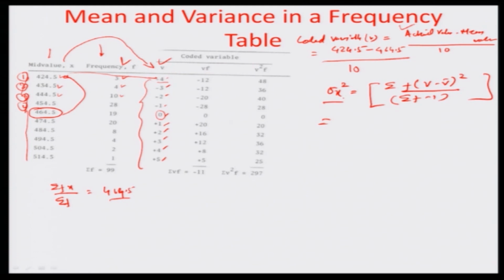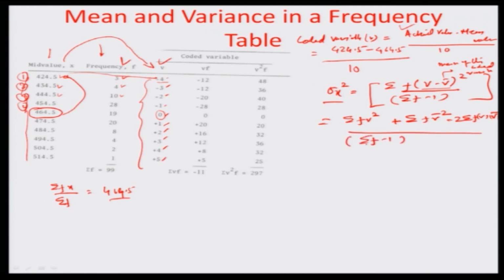Here the standard deviation, for example, can be represented as the root of sigma f (v minus v dash) square, v dash being the mean of the coded variable, divided by sigma f minus 1. If I simplify this, it would result in sigma f v square plus sigma f v dash square minus twice sigma f v times v dash, divided by sigma f minus 1.